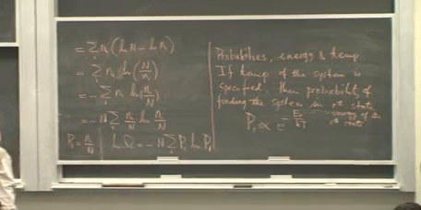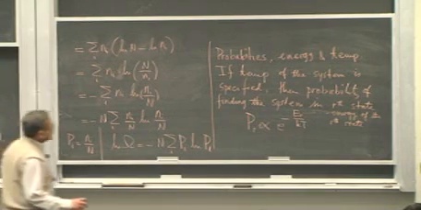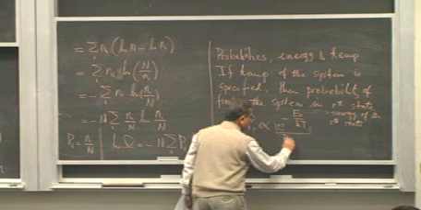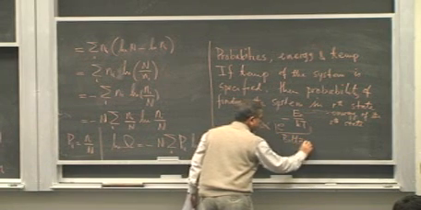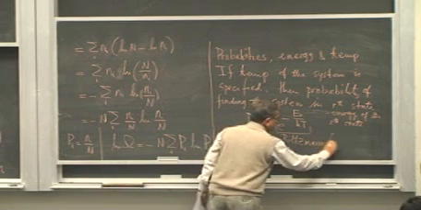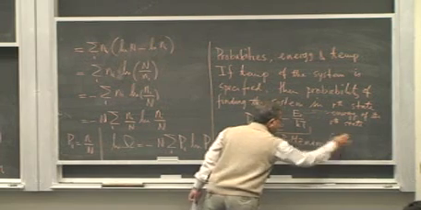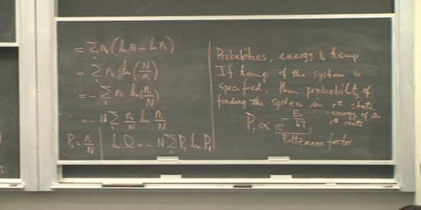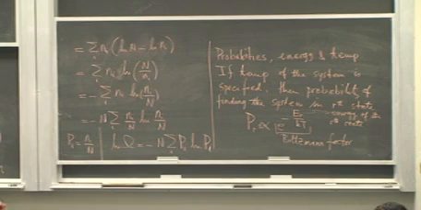And the whole factor, exponential of minus E over KT, is called Boltzmann factor. It is called Boltzmann factor. Boltzmann factor defines the probability of a state with energy E_R.